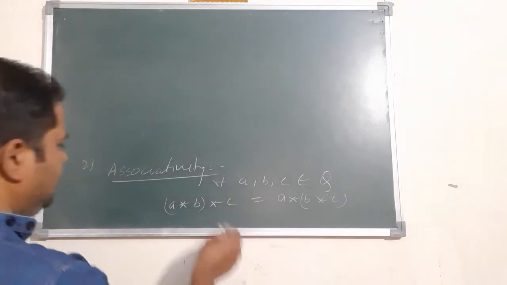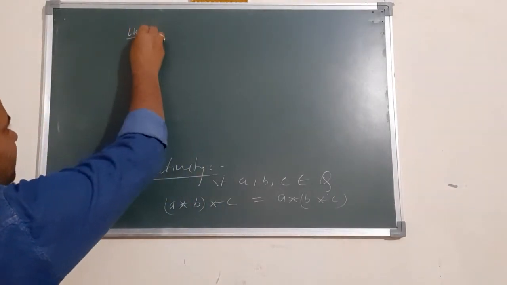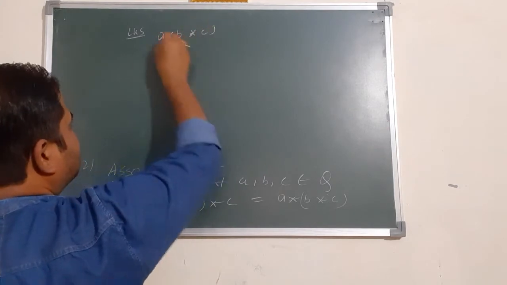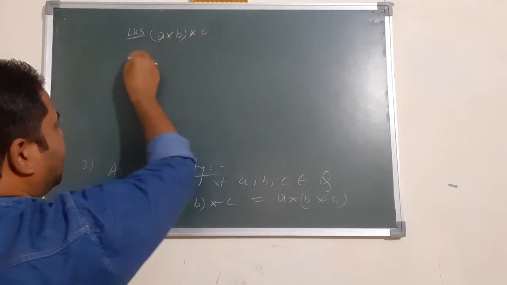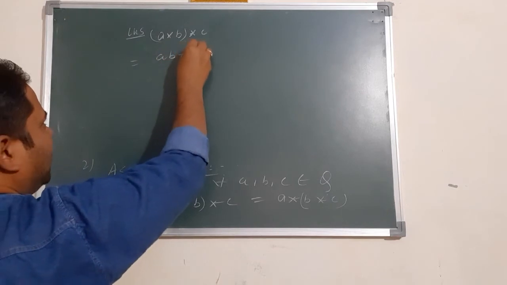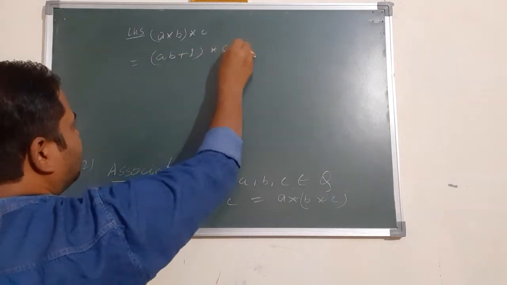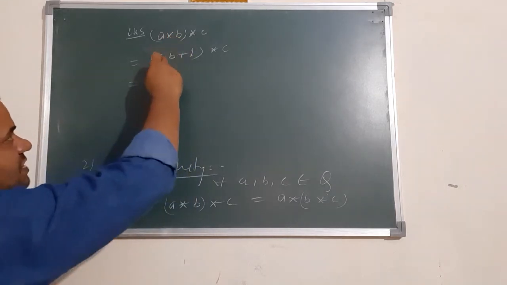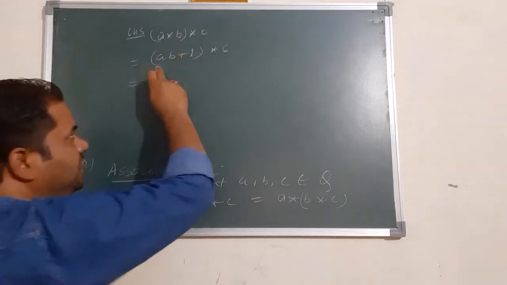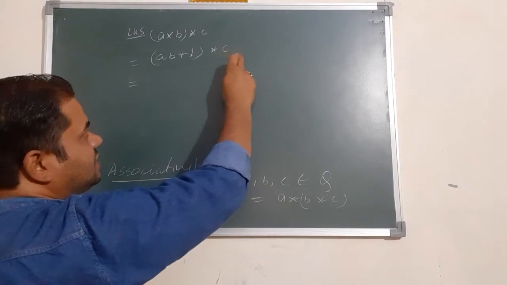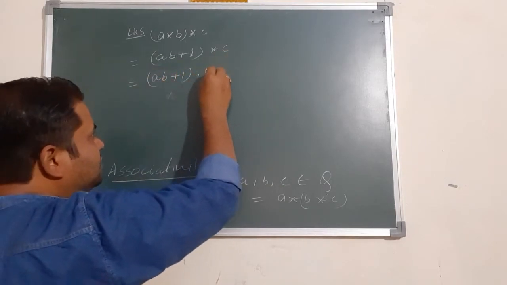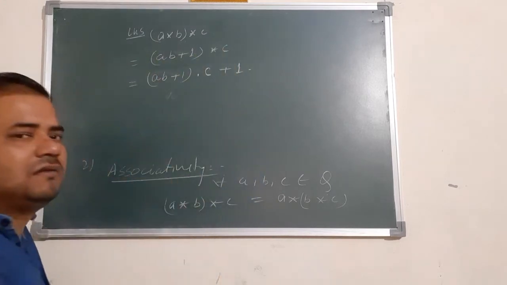Okay, now LHS. If we talk about LHS, (A star B) star C, then this is (AB plus 1) star C. If A star B is AB plus 1, now this is the first term and star C, so (AB plus 1) times C plus 1.